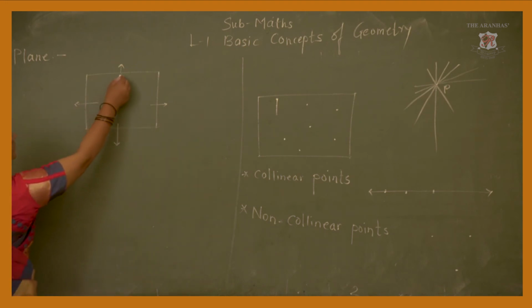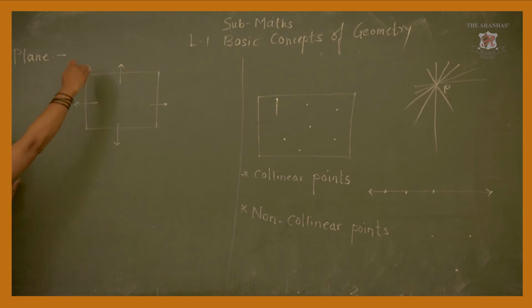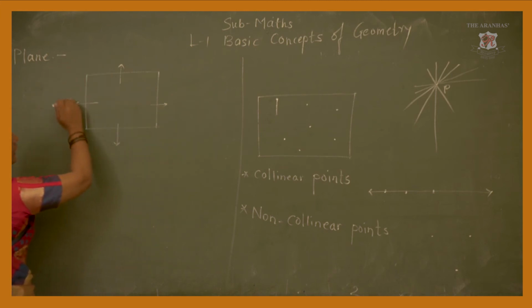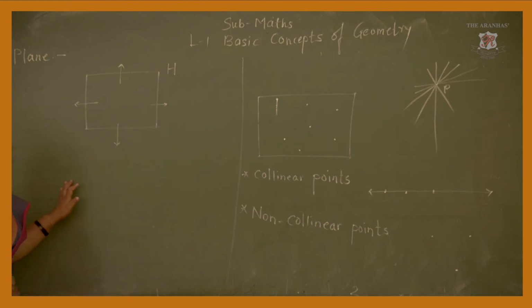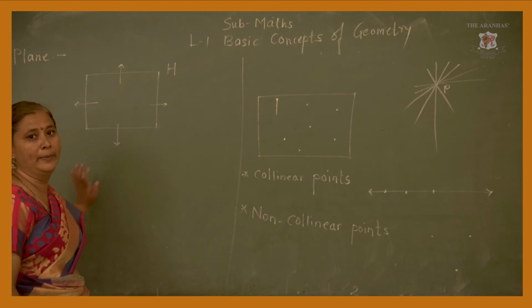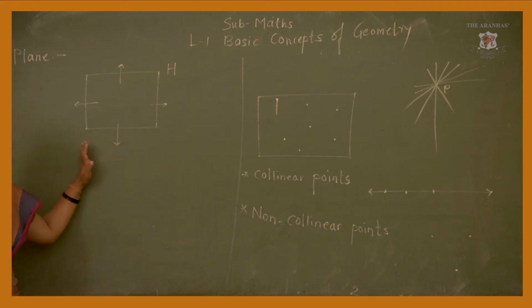Now here, see, the arrows show that the plane extends in all directions. The plane is always denoted by a capital letter of the alphabet, such as H. Understood?